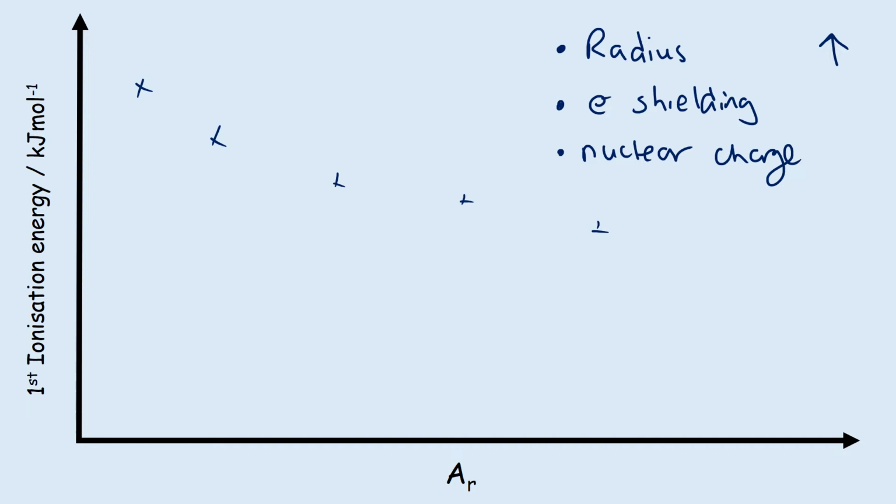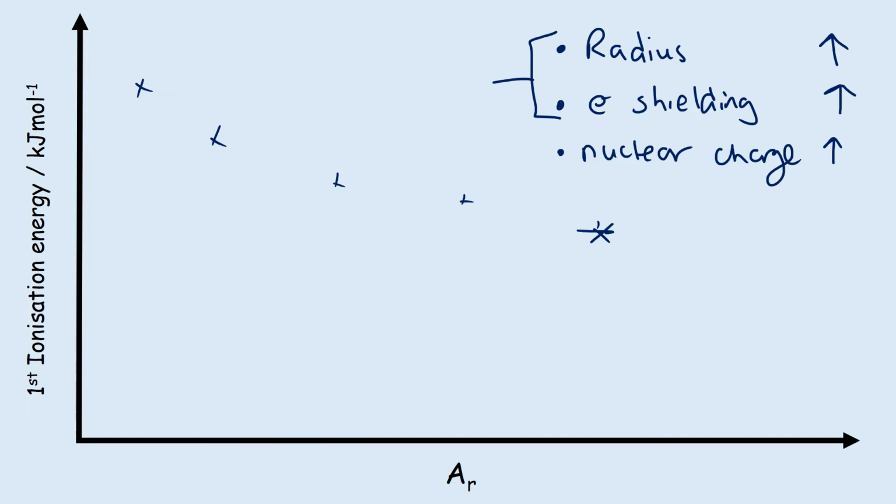The electron shielding also increases because there are more inner shells. The nuclear charge, however, does increase. However, if you remember your argument from first year topics, these first two factors will outweigh the increase in nuclear charge, and therefore the outer electron is less strongly attracted to the nucleus and has a lower first ionization energy. So as we go down the group, there are no exceptions.